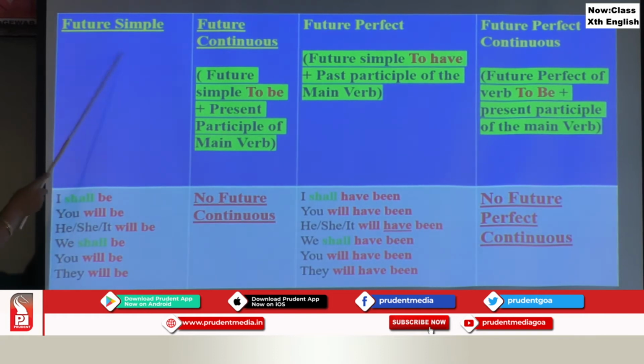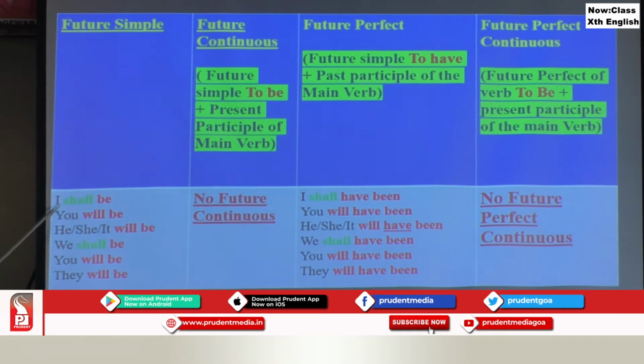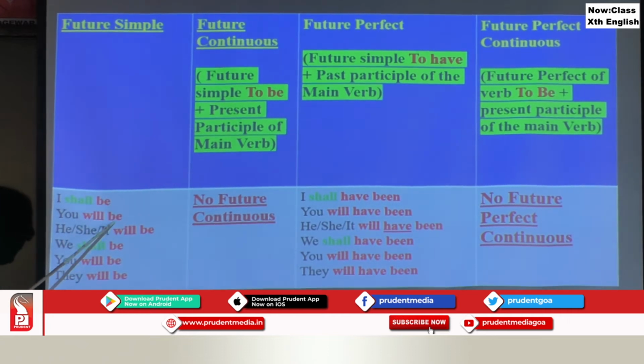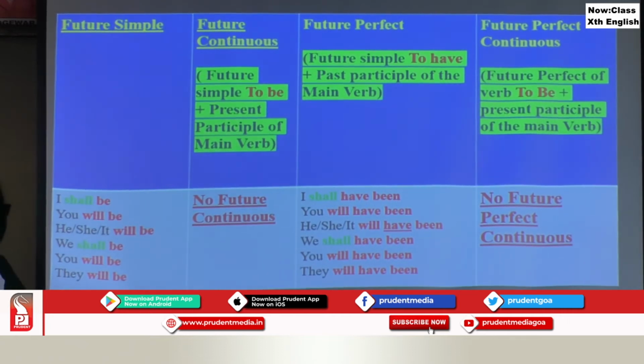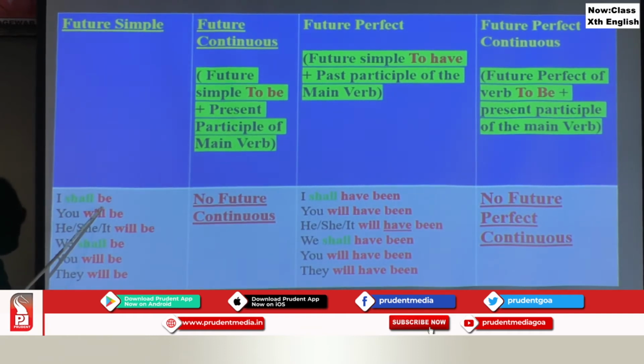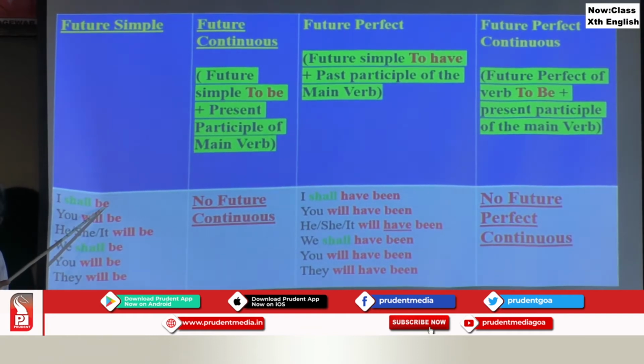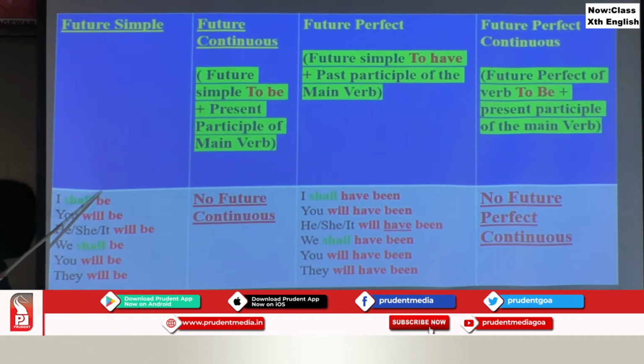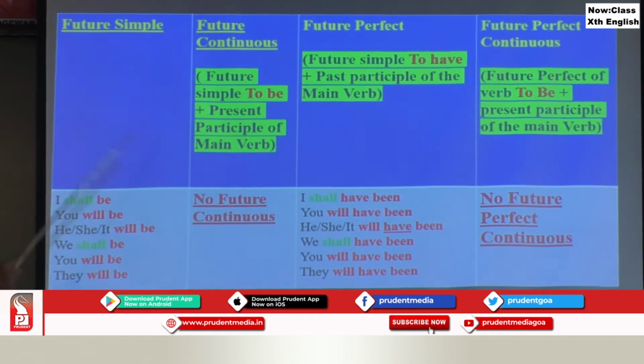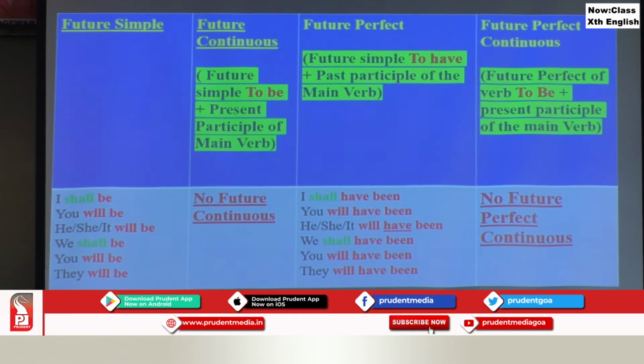But in the case of future simple of any verb, future simple is made using a helping verb plus the infinitive form of the verb. How is future simple made? Helping verb plus the infinitive form of the verb. This is infinitive form, be. As it is, we are conjugating verb to be.